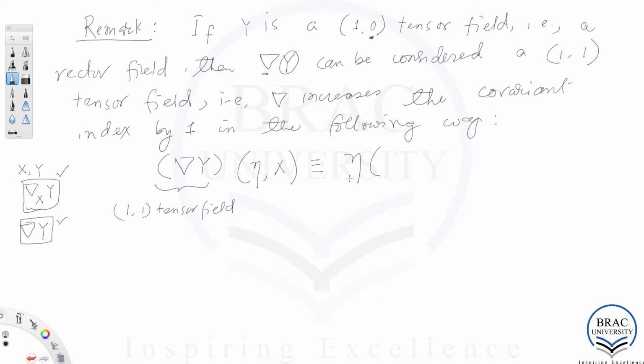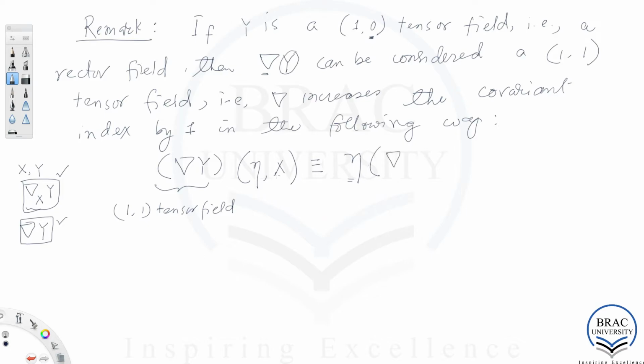So eta is a one form. If it acts on a vector field, then it's going to give us a scalar function, a smooth function on the manifold. So how do we get it? This is how it's defined.